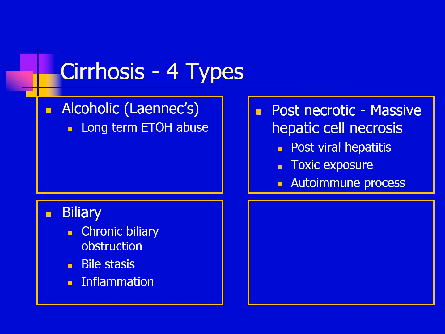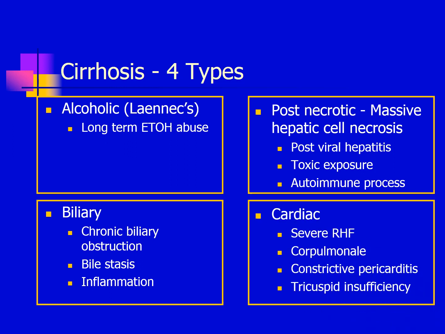There's biliary cirrhosis, and it's usually due to chronic obstruction of the bile ducts, or the flow of bile stasis is blocked, or inflammation of the biliary system. Number 4 is cardiac. So it's usually maybe severe right heart failure, cor pulmonale, or constrictive pericarditis.